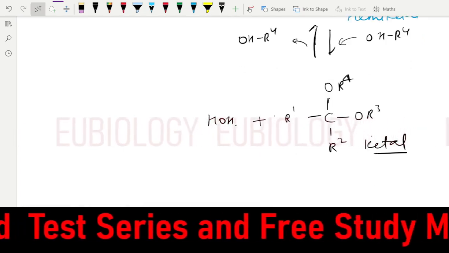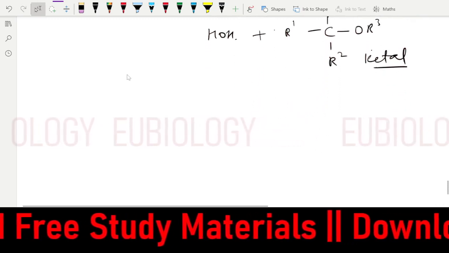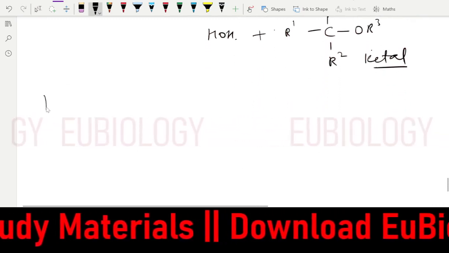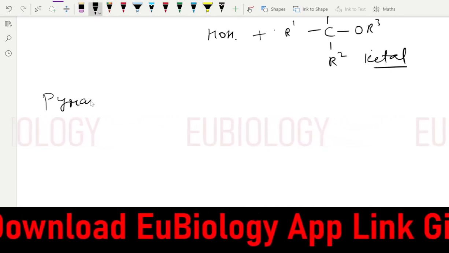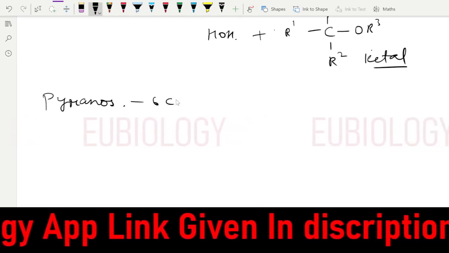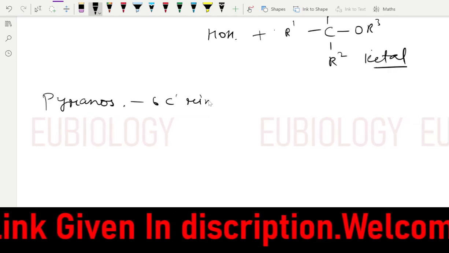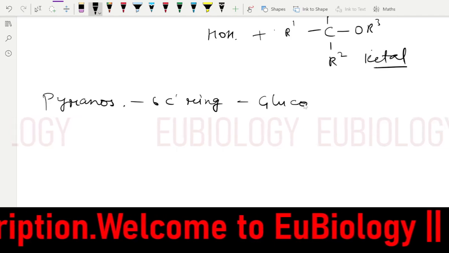So usually we see glucose as a six-membered ring. The six-membered ring is called a pyranose. Okay, it is a six-member ring. So the example is what? Glucose.